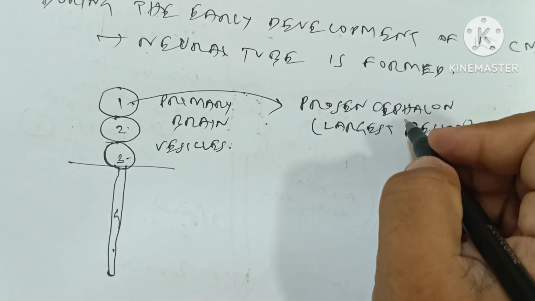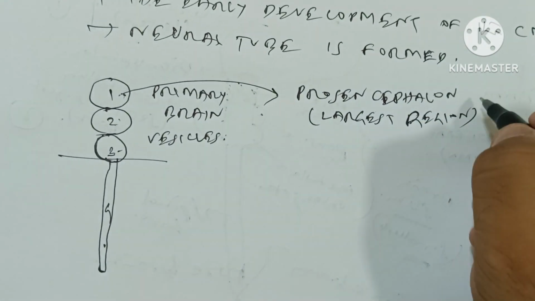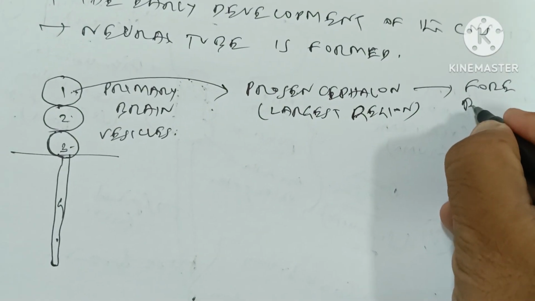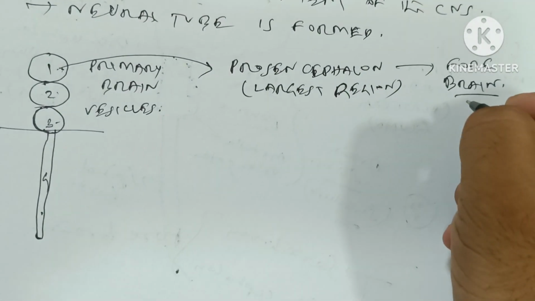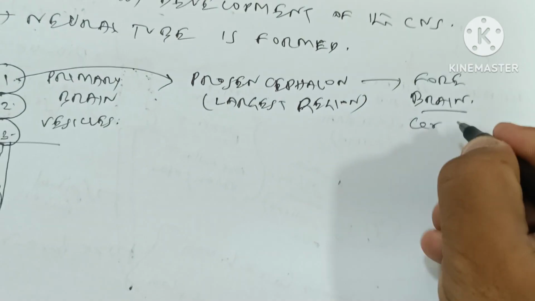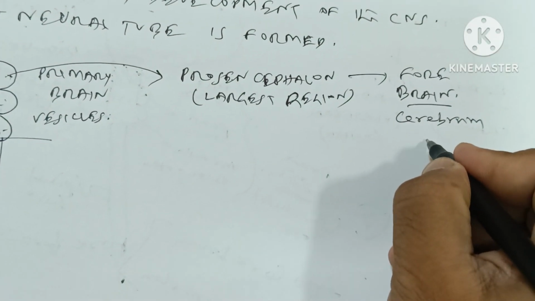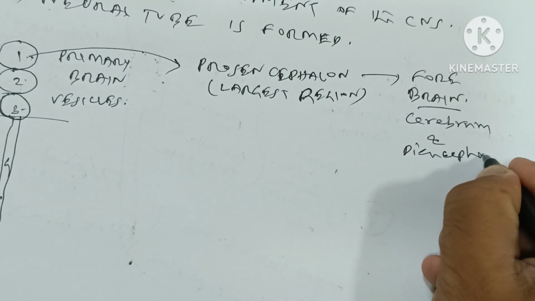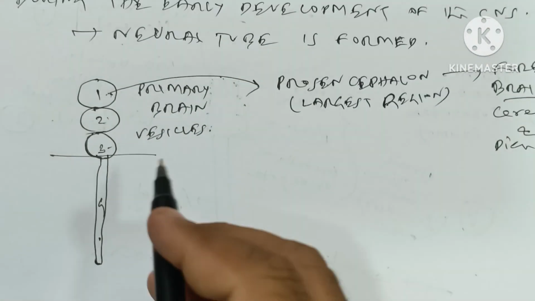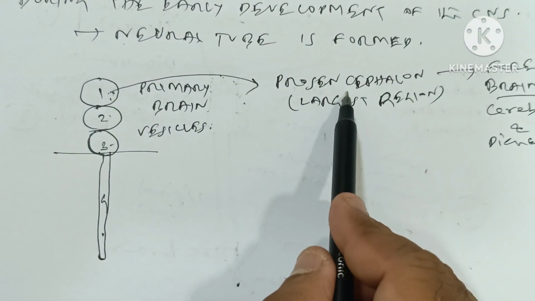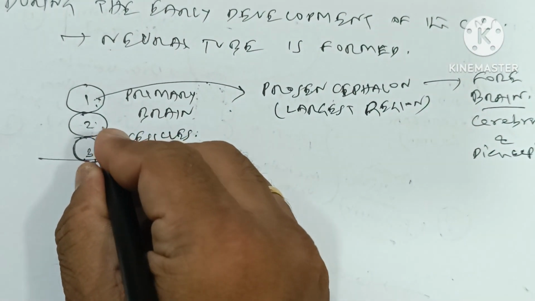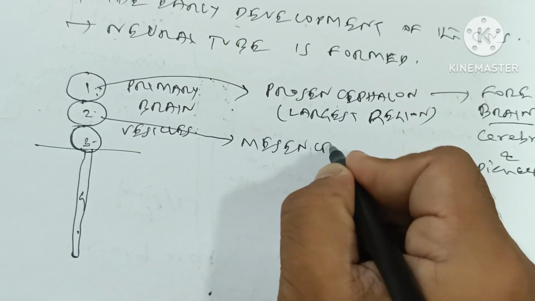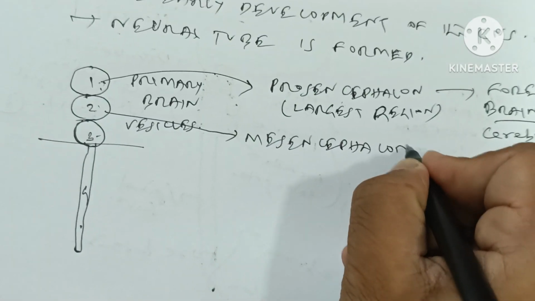This prosencephalon later develops to form the forebrain. We have already learned that the forebrain comprises the cerebrum and diencephalon. The next primary brain vesicle is called the mesencephalon.